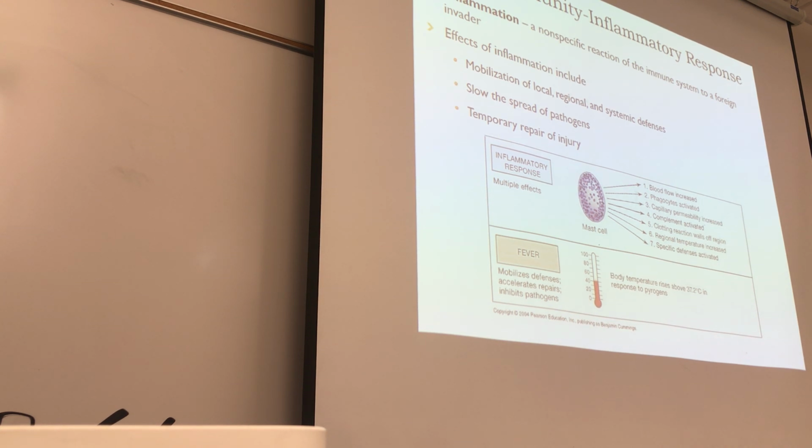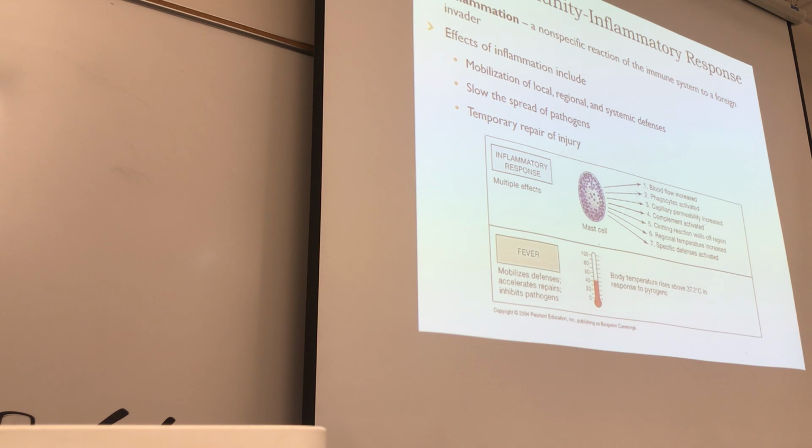Then we have the inflammatory response. We kind of think of inflammation as a bad thing, don't we? We're always trying to stop inflammation. What was the point of inflammation, evolutionarily?